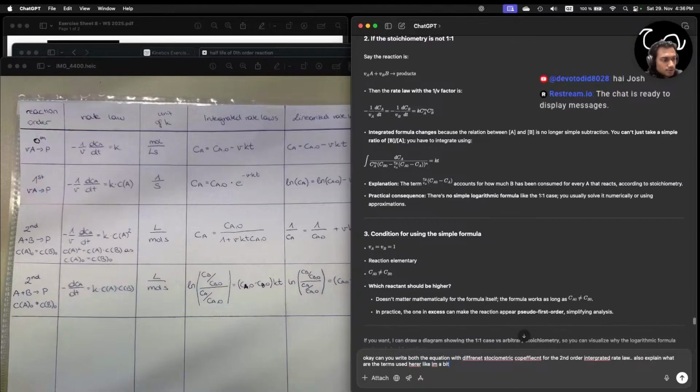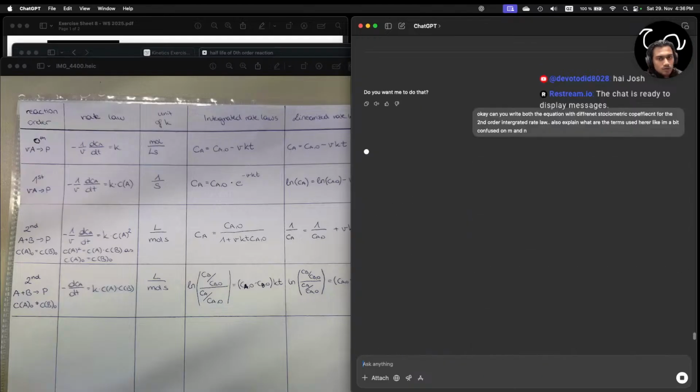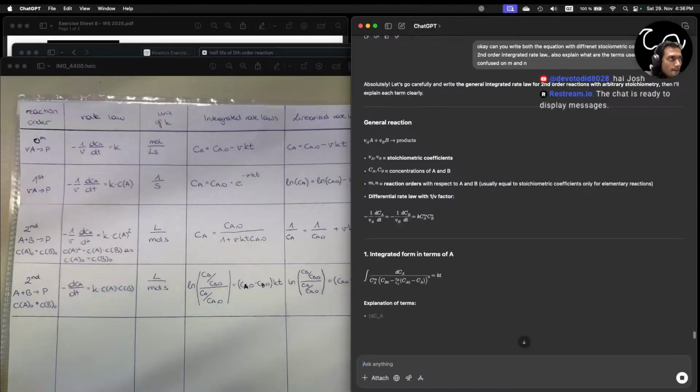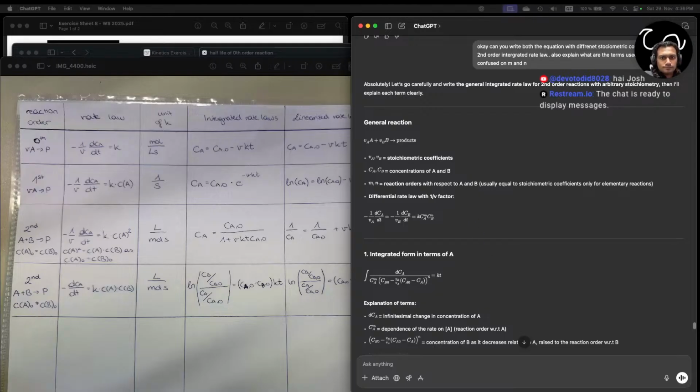I'm a bit confused on M and N. If it's the reaction order, it would be second order reaction, right? I'm not sure.